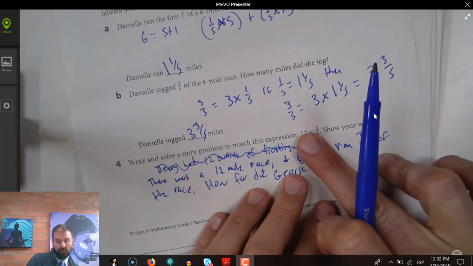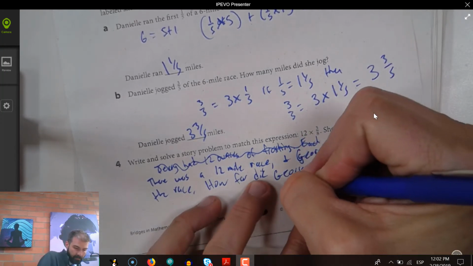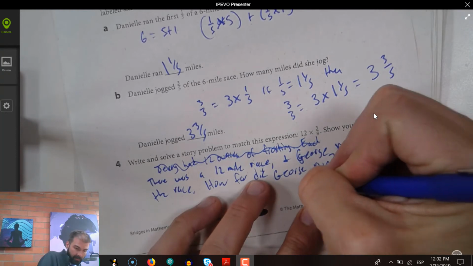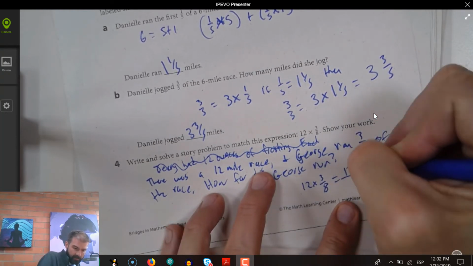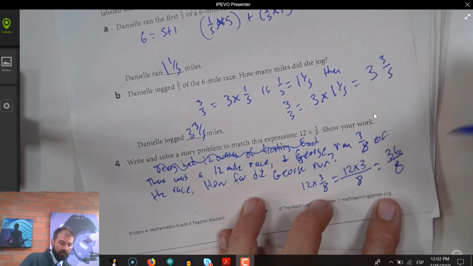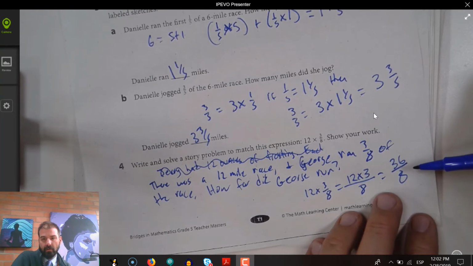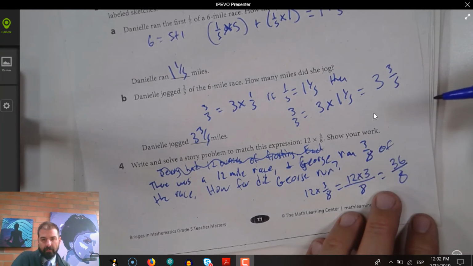I know that I can multiply, so 12 times 3/8 equals 36/8. That wouldn't be a good solution because I don't know what 36/8 of a mile is. You would have to break that down for somebody.